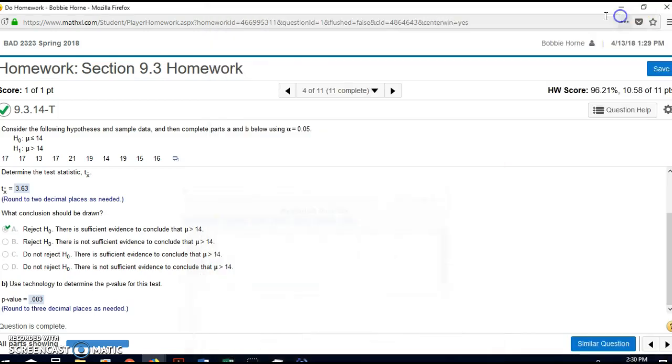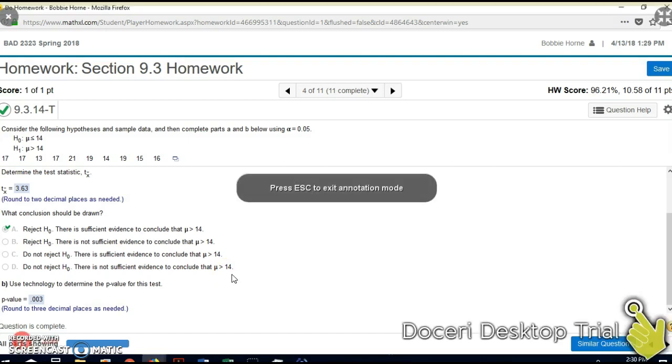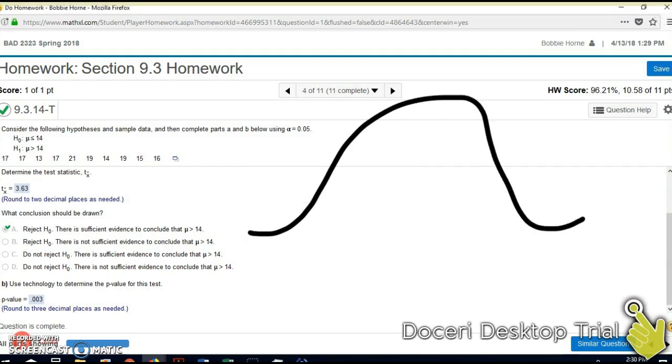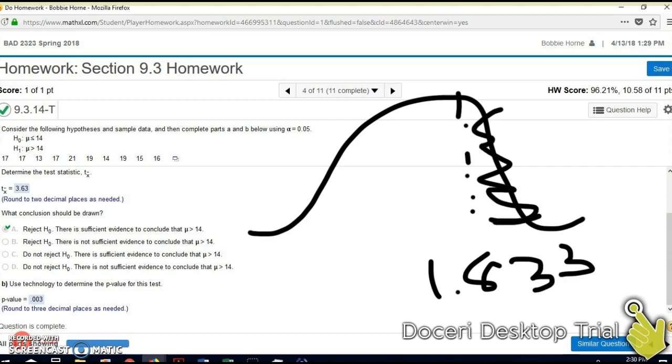Let's look at our hypothesis. So we know that our critical value was 1.833, and we know that anything above that we would reject.